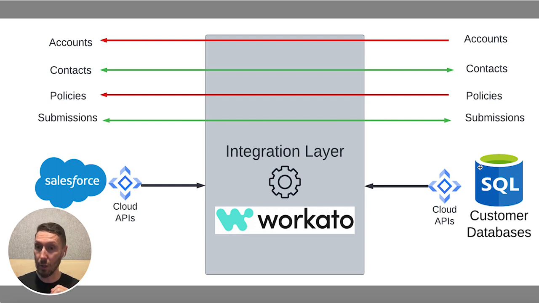Maybe some tasks occur there, like perhaps some underwriting, some quotes, whatever it is, and you want that information pushed back to Salesforce. That would be a great example of a two-way synchronization. And again, this is just an example, but it helps illustrate how simple it can be. We push information from one end to the other using this integration layer.